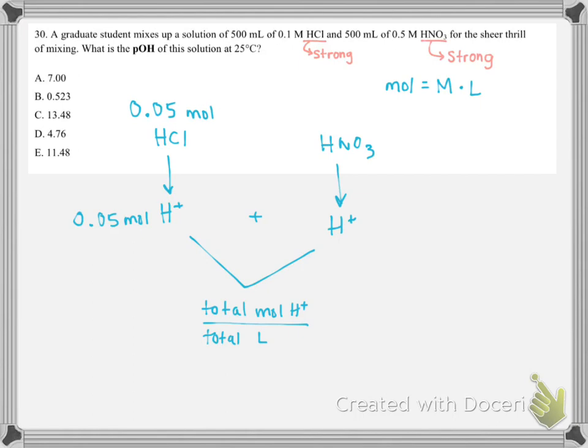And then for the HNO3, I'll have 0.25 moles, so that would be 0.25 moles of protons from that source.